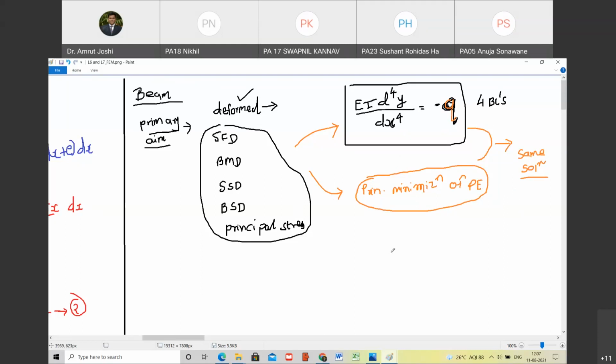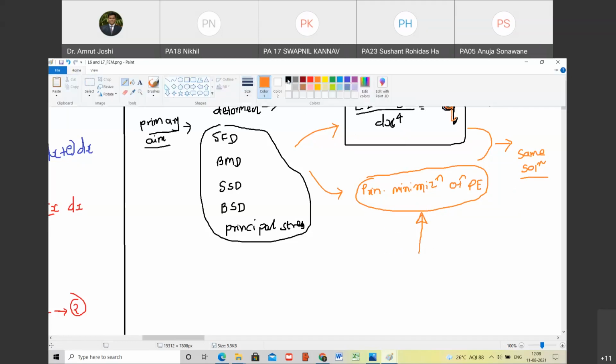We can follow any of these two approaches. In this course, to arrive at the finite element formulation, we are going to follow the principle of minimization of potential energy in the first part. In the last part, I will also show you the formulation based on the governing differential equation. Are you with me? Yes, sir. So what is the first part of this course?